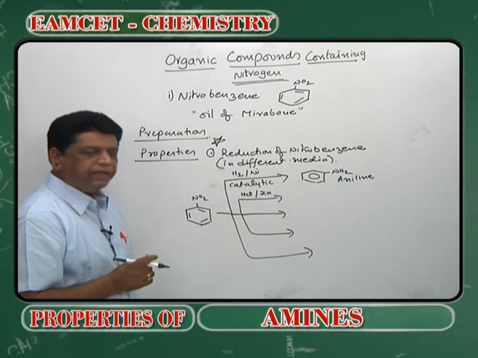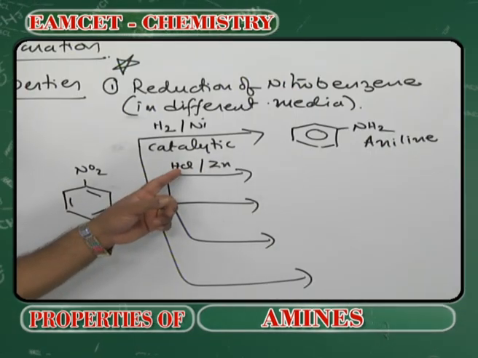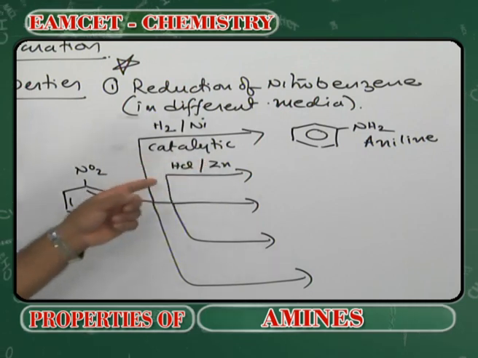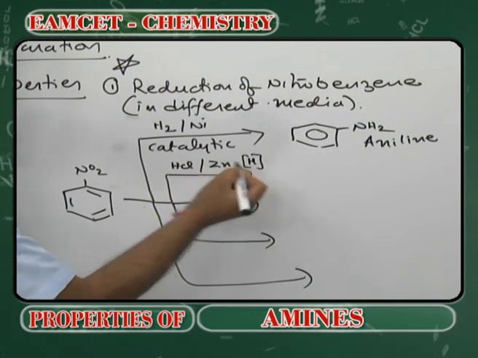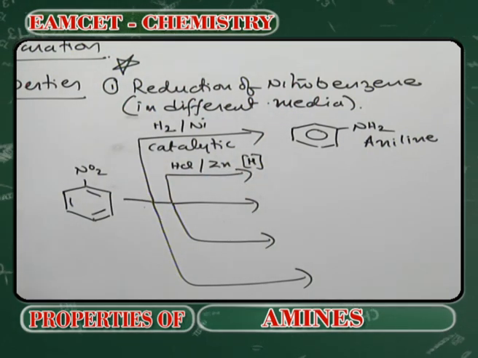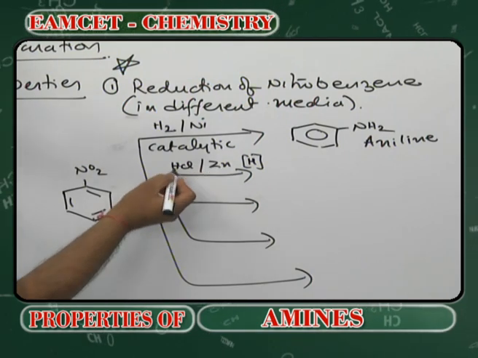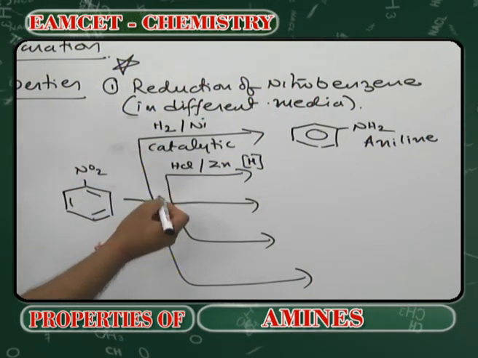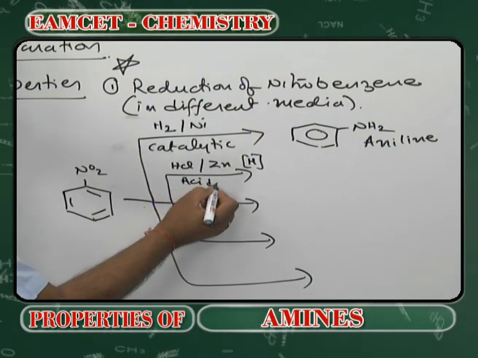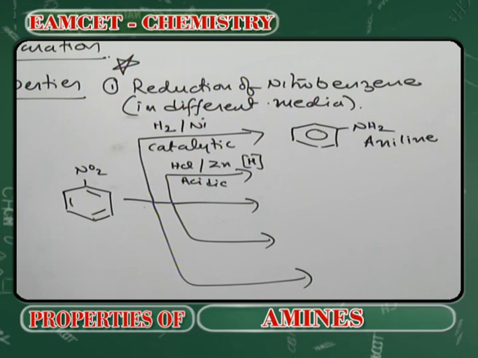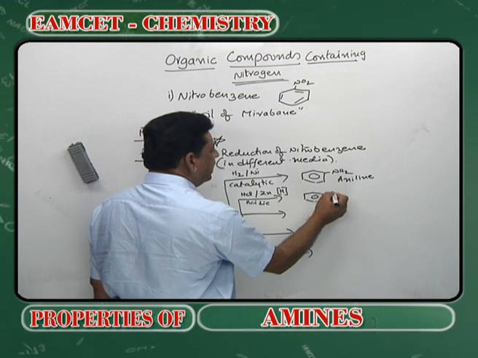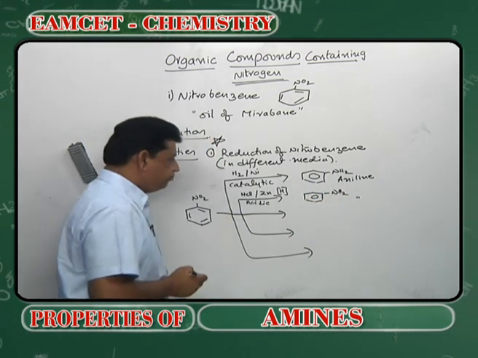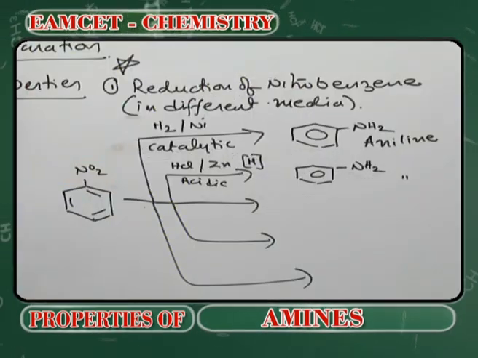Zinc is a metal, HCl is a strong acid; the acid will react with the active metal and form zinc chloride and produce nascent hydrogen. So the reaction is actually taking place with the nascent hydrogen, and in this medium zinc is a weak base, HCl is a strong acid. Overall, the medium is acidic in nature. So a question may be asked: if it is reduced in acidic medium, what happens? The same aniline comes, benzene with NH2. So either with catalytic reduction or with acidic medium reduction, the same product comes.